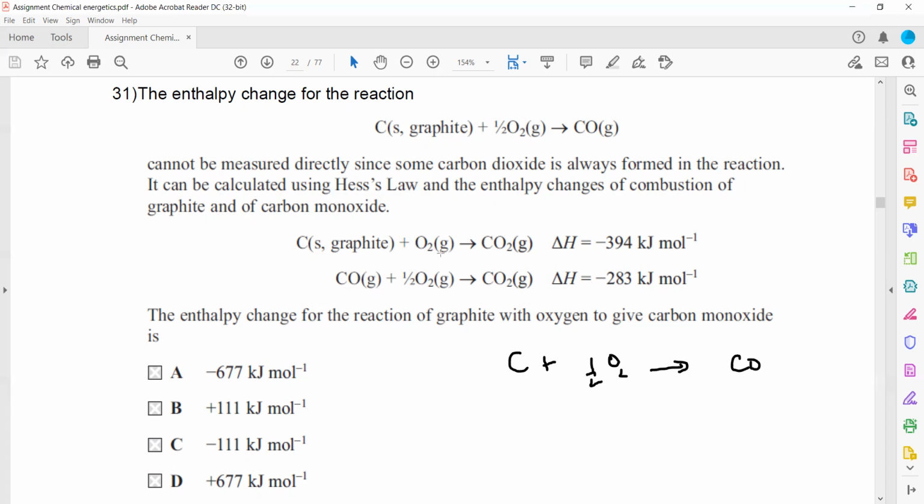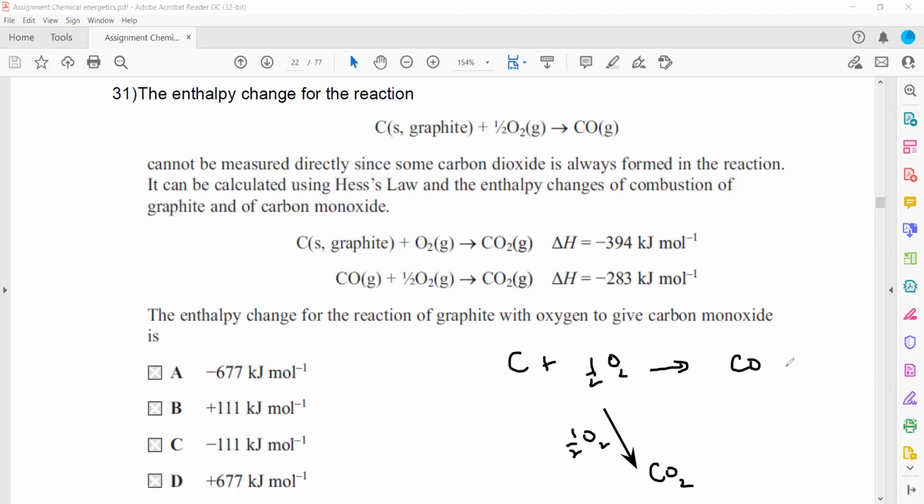As you can see, carbon reacts with oxygen to give carbon dioxide. So this carbon might react with oxygen and give CO2. But how will it react with oxygen? For CO2 we need one oxygen molecule, here it is half, so there should be an extra oxygen: carbon reacts with extra oxygen to give carbon dioxide.